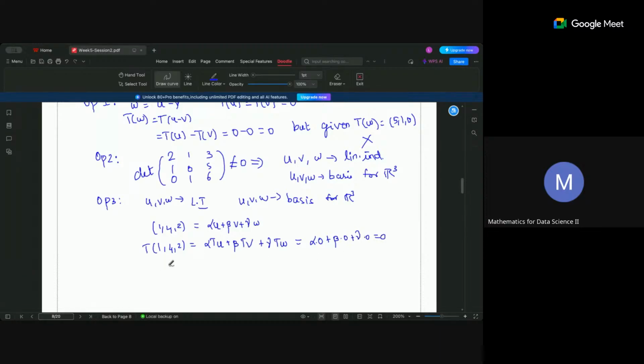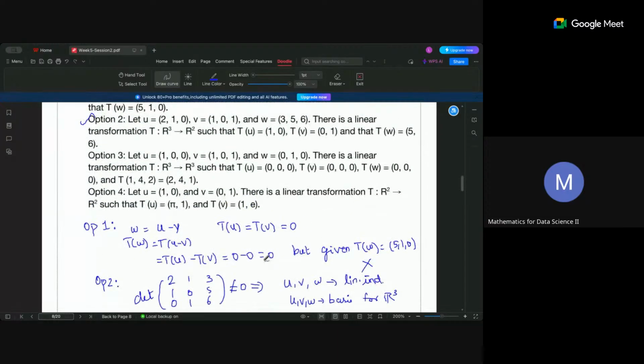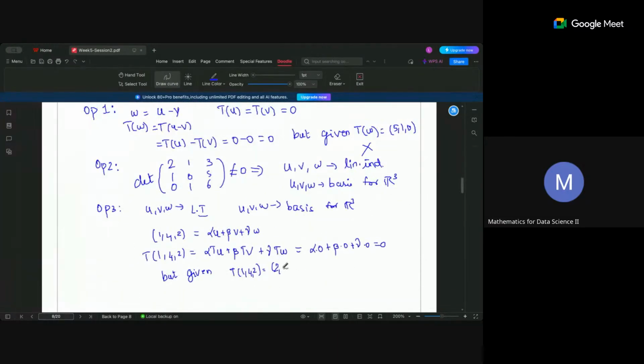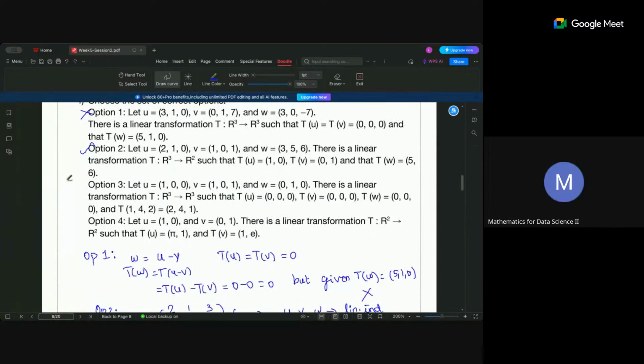But what is given to you? T of 1, 4, 2 is some non-zero vector, which is not possible. So option 3 is incorrect. Clear?